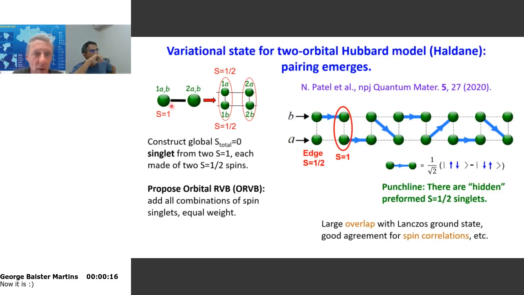So in other words, in a chain of spins 1, once you model that using two orbitals, you can think of these little green spheres as a spin 1/2. At orbital A, there is another spin 1/2 at orbital B, and the Hund coupling will favor the combination of a spin 1.